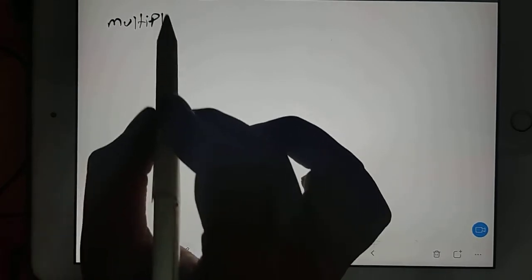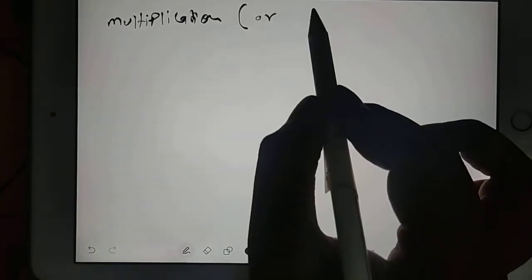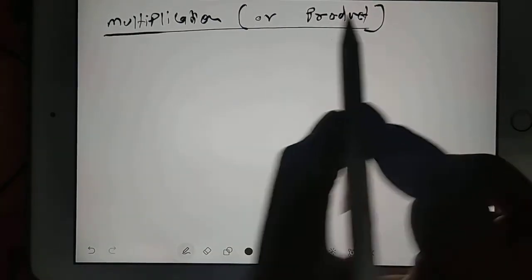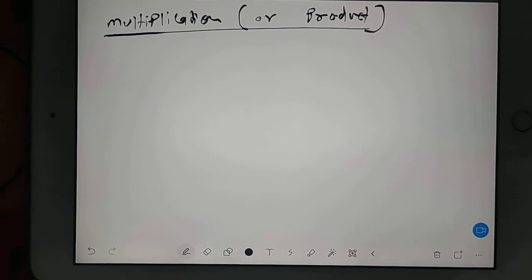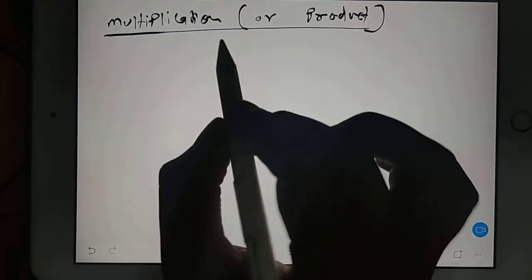Let them join. Done? Everyone is here? Okay, let's start.